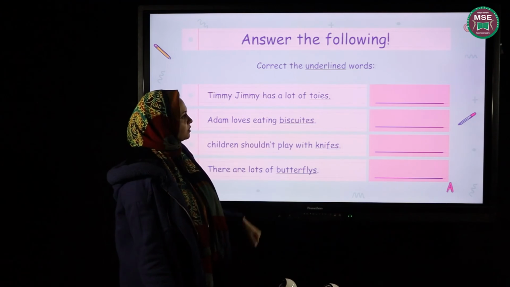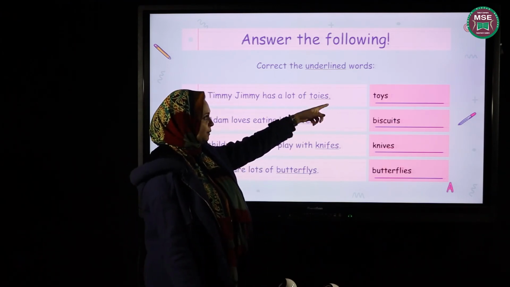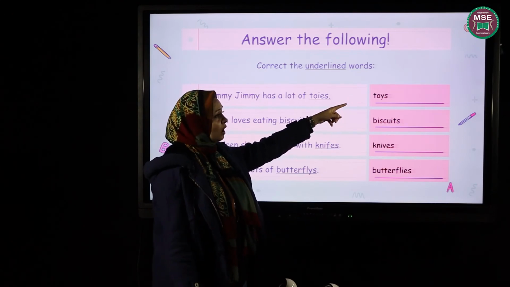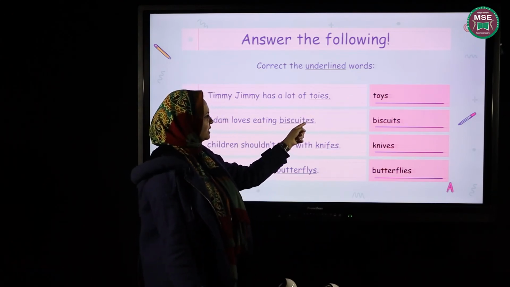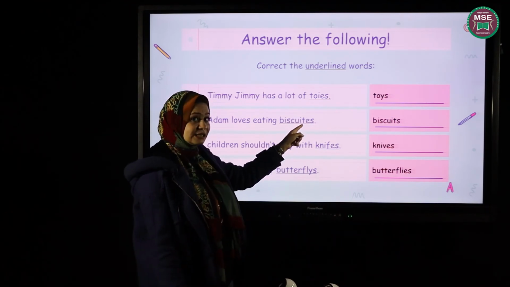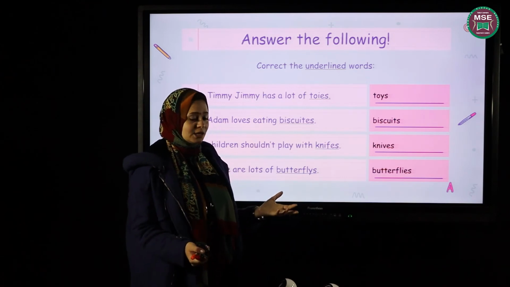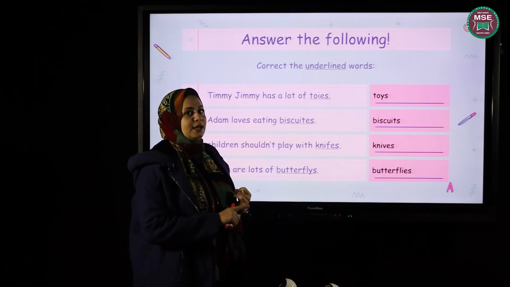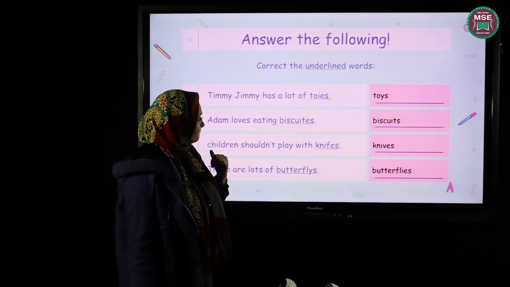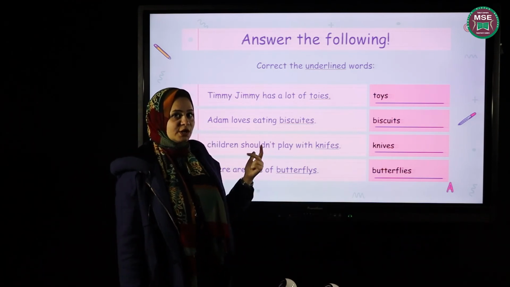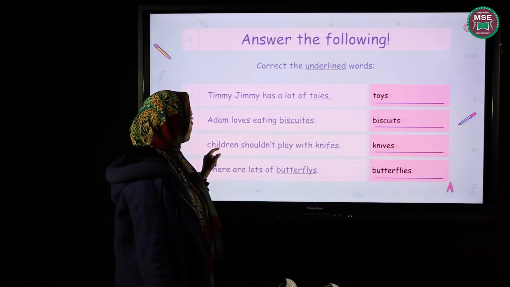Let's see the answers. Toys, just S because before the Y is a vowel. And biscuits, is it right to put ES? The word ends with T, so why would I put ES? We said we put ES on the word if it ends with SH, CH, X, O, Z. Okay.